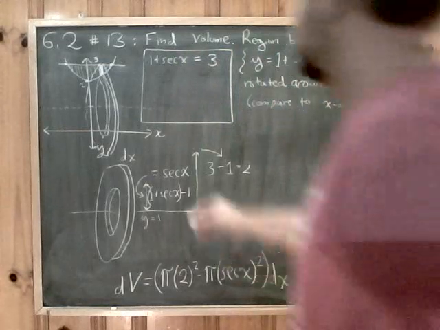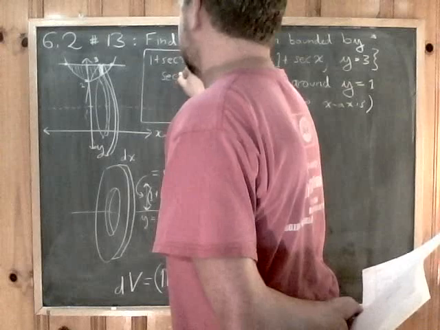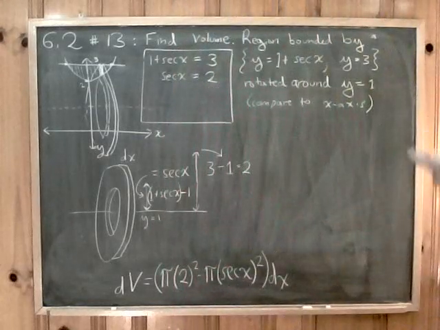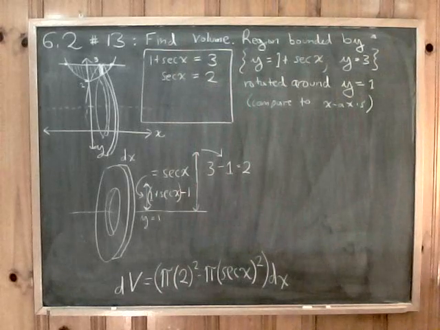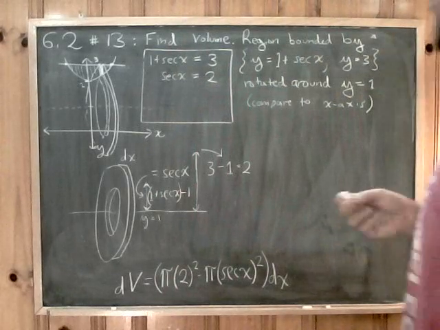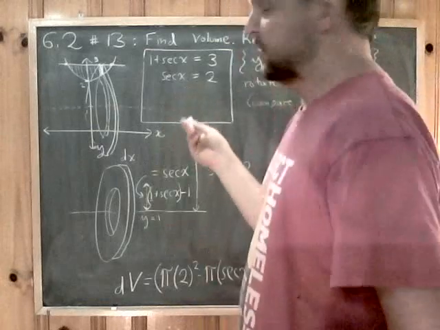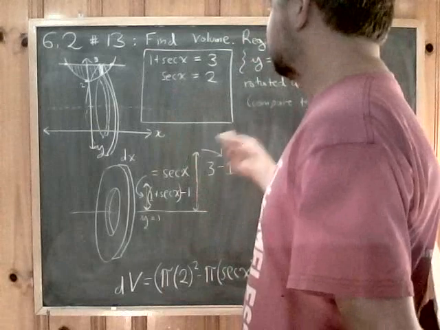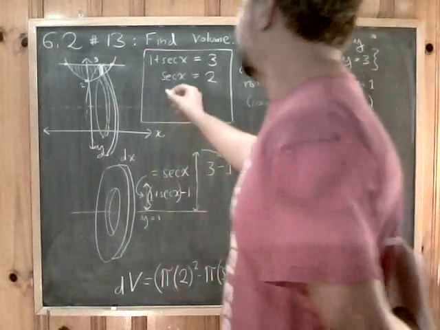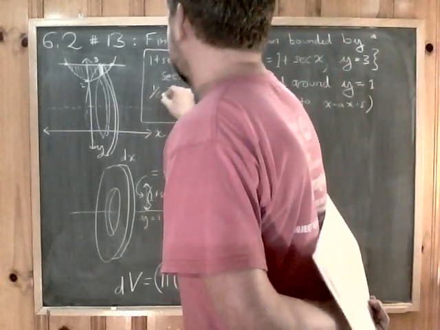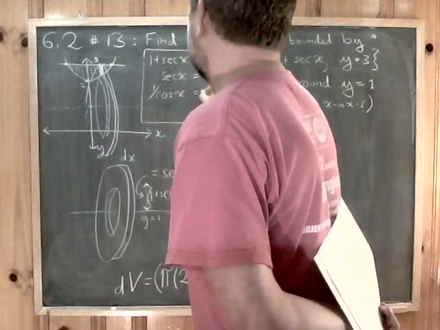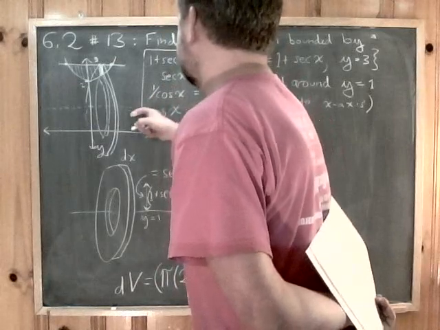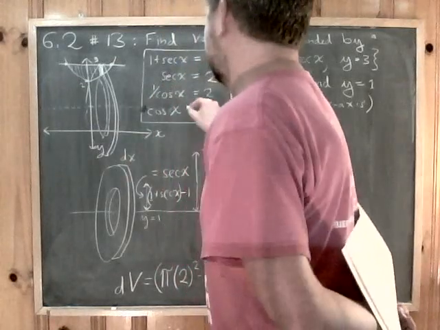Subtract 1 from both sides and you get 2. And then you remember that secant is equal to 1 over cosine. You could do this in your head if you want. 1 over cosine equals 2 is the same thing as saying that cosine equals 1/2. So 1 divided by cosine x equals 2, which means cosine of x is equal to 1/2.